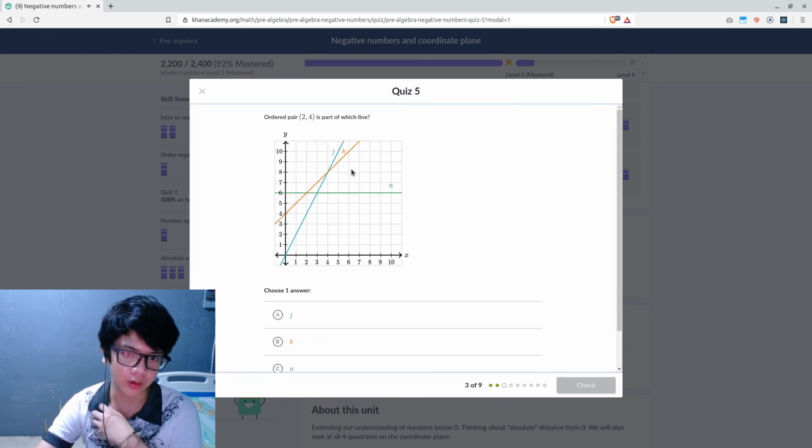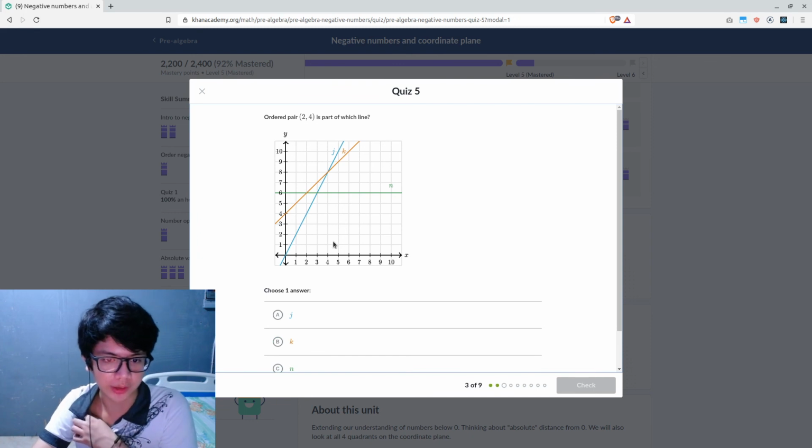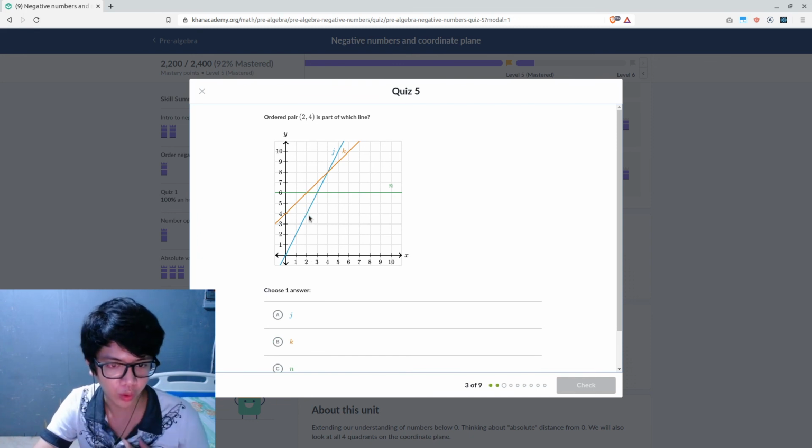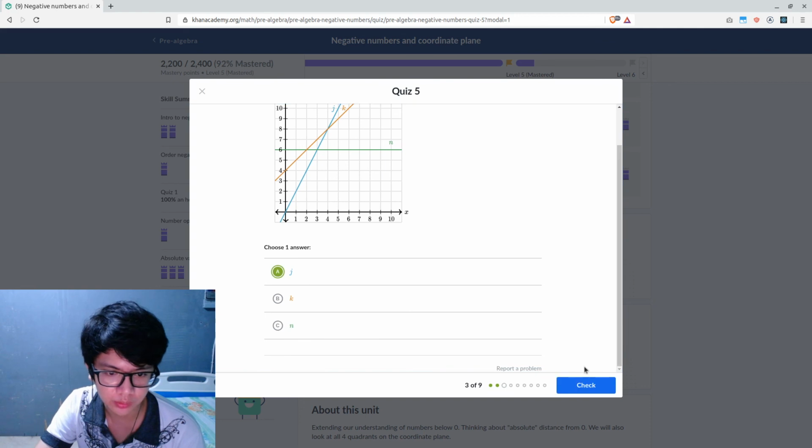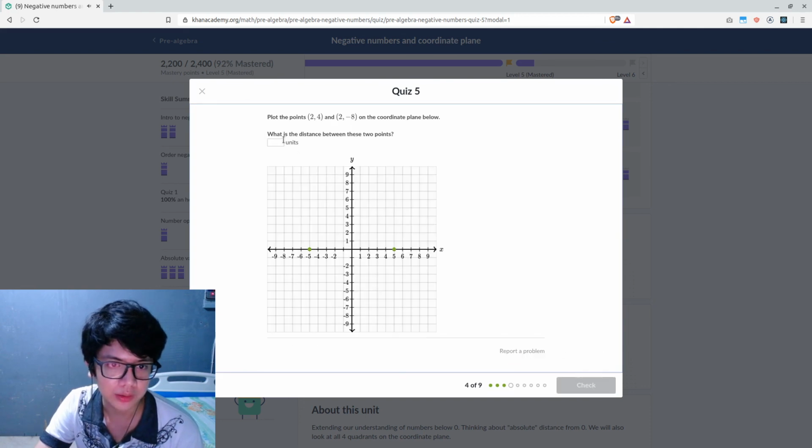The ordered pair is part of which line? 2, 4. Plot the points 2, 4. Positive 2 and 4. 2 and negative 8. I guess the distance. This is 2, 4 and 2, negative 8.